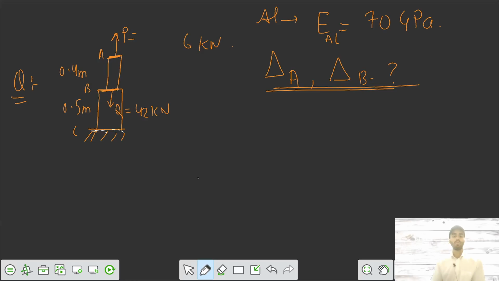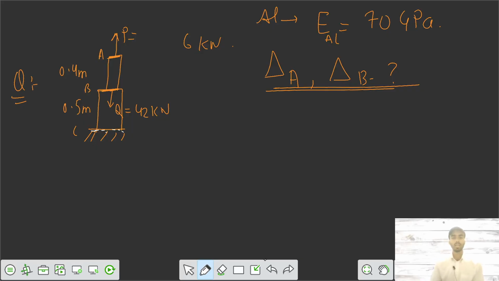Either the materials are getting compressed or getting elongated. We can get that from the free body diagram, whether overall material is getting elongated or contracted, so that we can get delta 1 and delta 2. We would be doing free body diagram analysis.